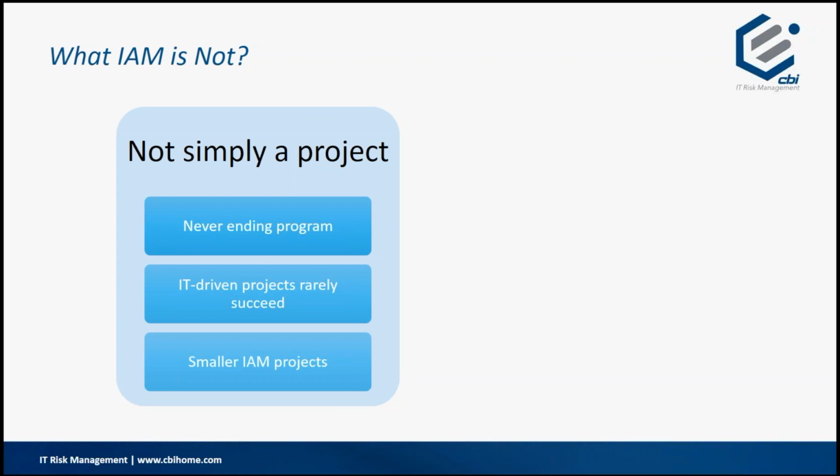And then by the time you get around to thinking you're getting close, just then new systems will come in. Older systems are upgraded, changing their interface methods. Your company will merge with somebody else. There are continuous changes to the IAM solution that's in place. But the important part to keep in mind is that it is a program.